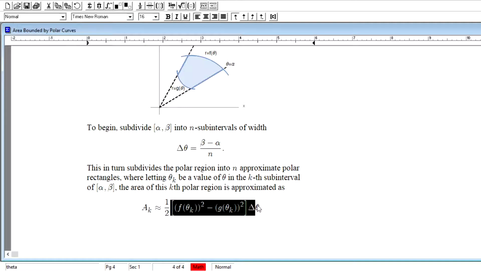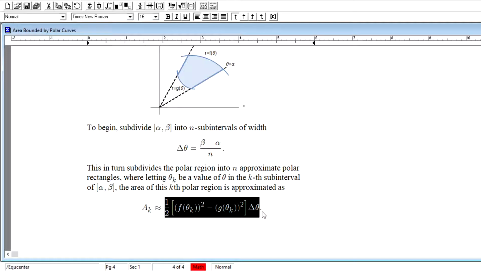Where beta minus alpha now is not considering this entire space of theta, but is just the little subinterval of space which we know has a width of beta minus alpha divided by n, or what we have defined as delta theta. So delta theta becomes that measurement of the angle over which this polar rectangle is forming.